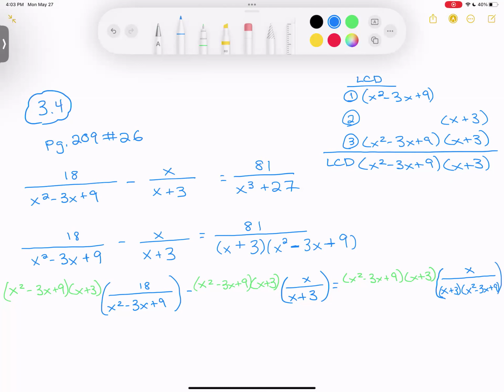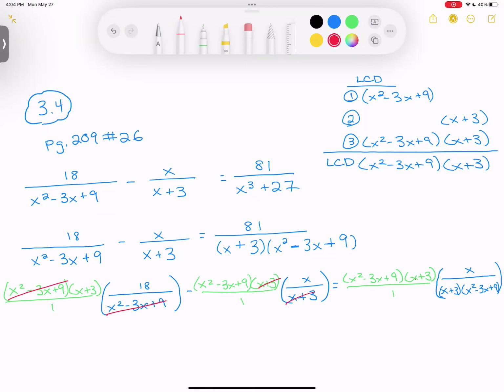Okay, so now the very satisfying step, we'll be able to cross out all of our denominators as long as we chose the right LCD. So for this first term, my quadratics cancel, so that's nice. Remember, you could think of this LCD as over 1. So really, I'm just crossing something in the numerator out with something in the denominator, which is allowed. In that second one, I can cancel out my x plus 3's.